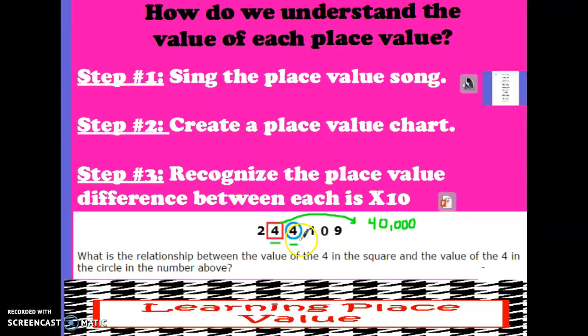However, when I look at this blue circle 4, I recognize that that is worth 4,000, looking at the number in extended version, which means this 4,000 is 10 times less than this 40,000. In other words, the 4 in the 10,000s place value is 10 times larger. So the red square 4 is worth 10 times more than the blue circle 4.